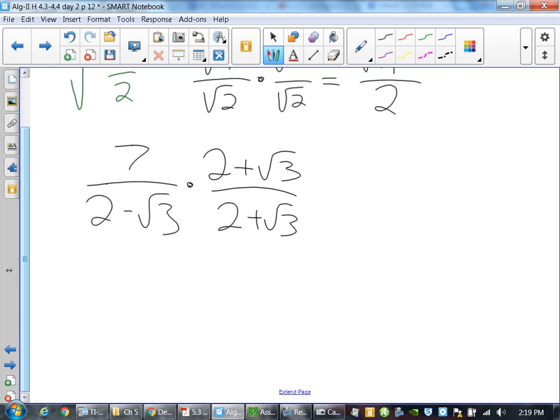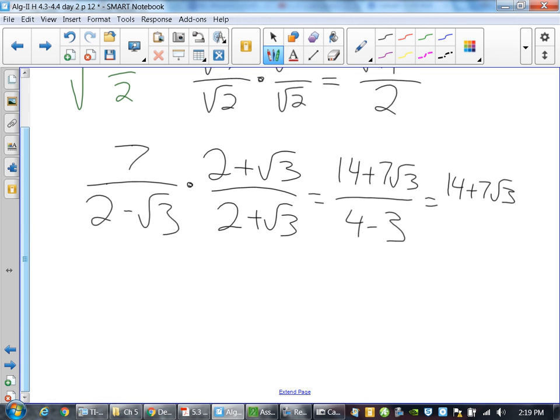Now there's no i involved, but you get 2 squared minus root 3 quantity squared. So you're going to get 4 minus 3. And then in the top, you're just going to wind up with 14 plus 7 root 3 as your final solution.